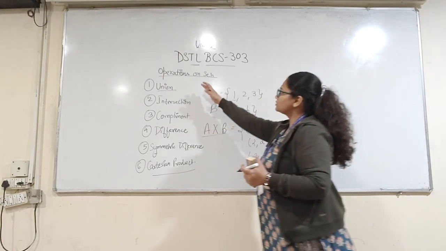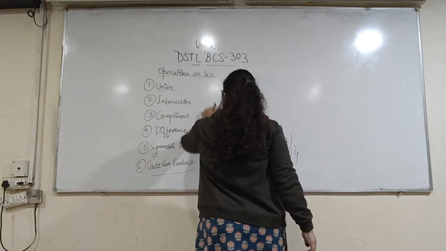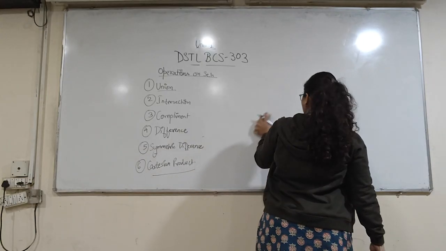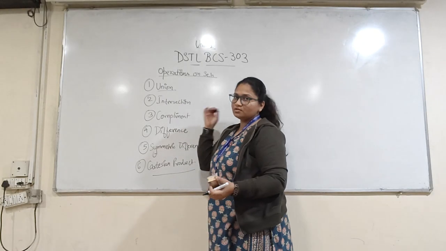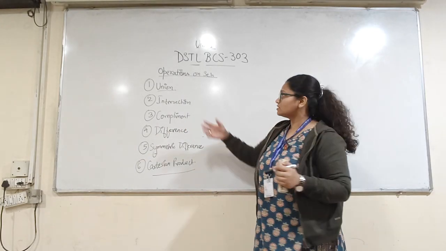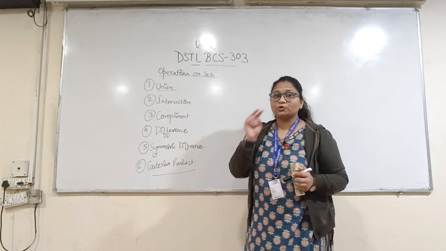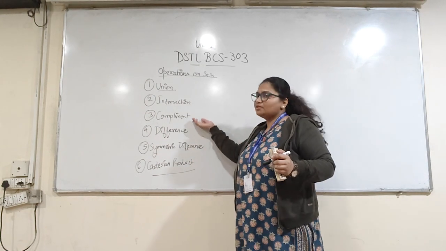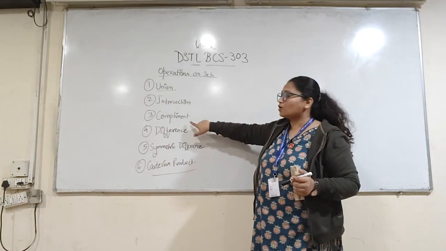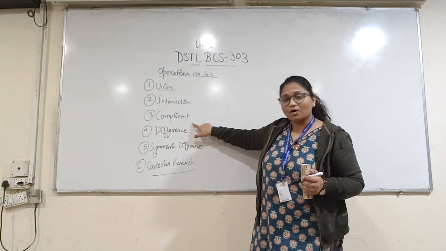So let's revise again. We have these operations which are performed on the types of sets. Union, in which we combine all the elements but avoid the duplicates. Intersection, in which we write only the common elements. Third, complement, in which we write the elements which are there in the universal set but not in the set of which you want to find out the complement.